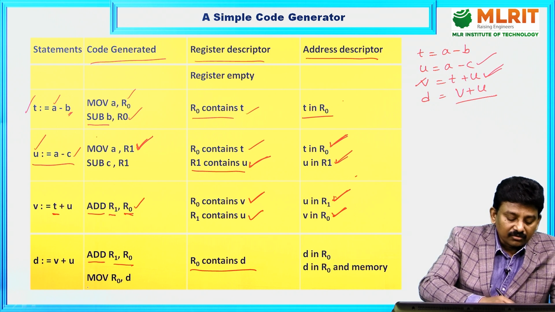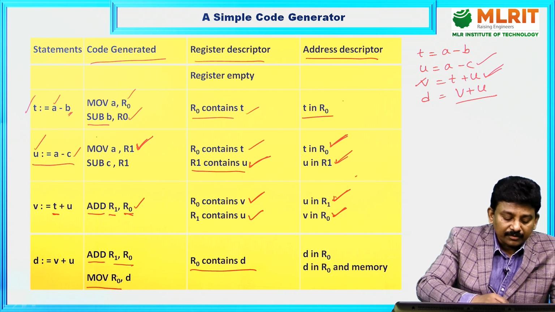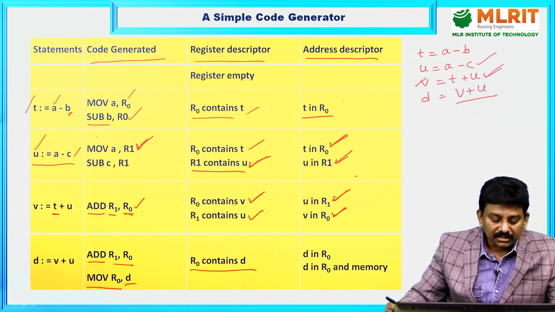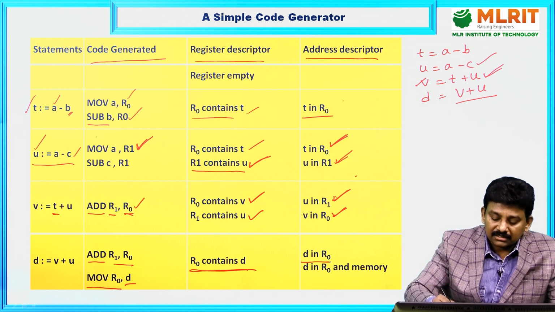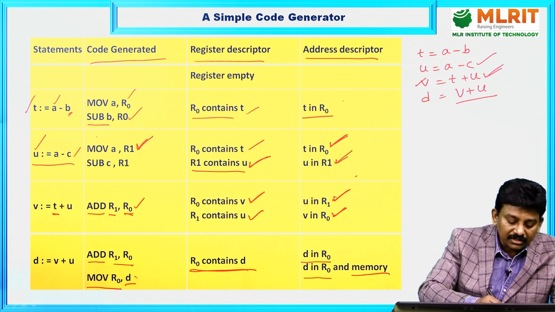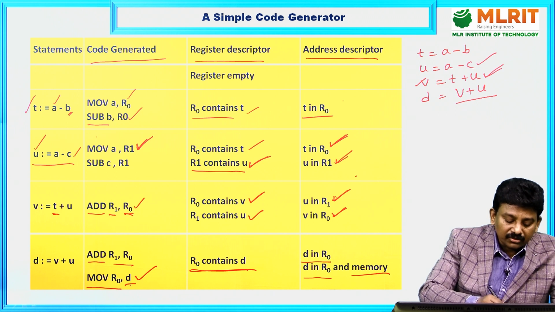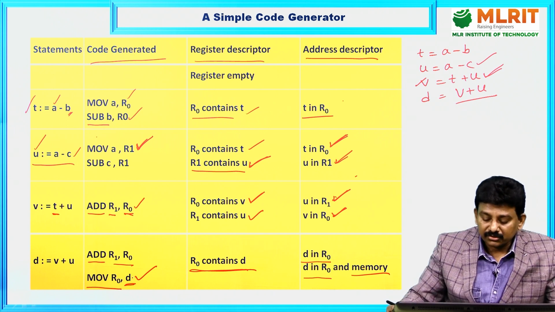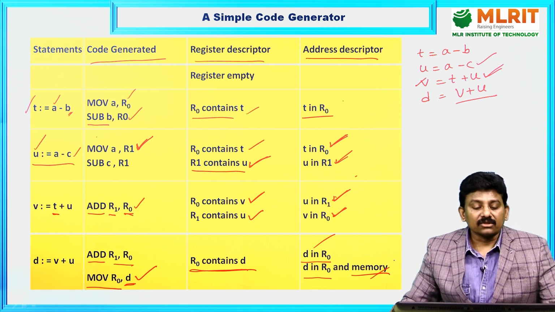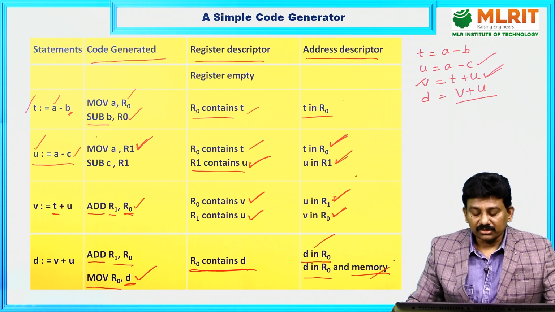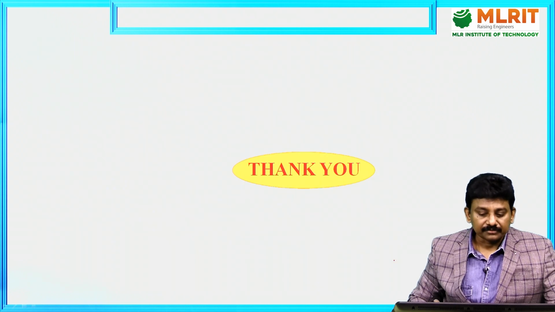So finally we will move r0, v plus u, to the variable d. So finally r0 is containing d, and d is in r0 and in memory also, because we are moving the result of r0 to a variable, which is available in memory. So d is in both r0 and the memory location. Like that we can generate code by using the code generator algorithm. Thank you.